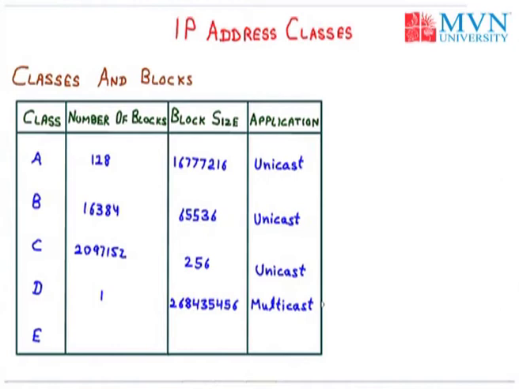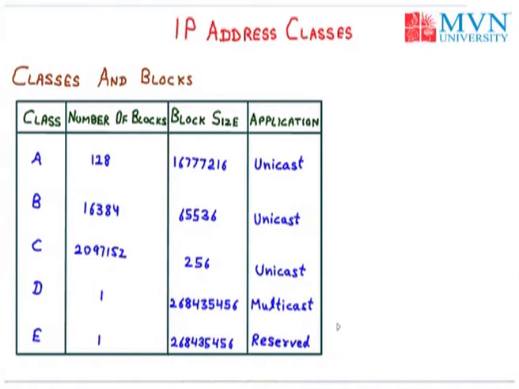The last class E again has one block and the block size is the same as class D, 268435456, and that is reserved for future use. So we can see that 3 main classes are used for unicast, while of the other 2, class D is for multicast and class E is reserved for future use.